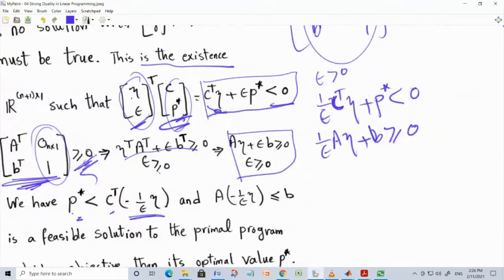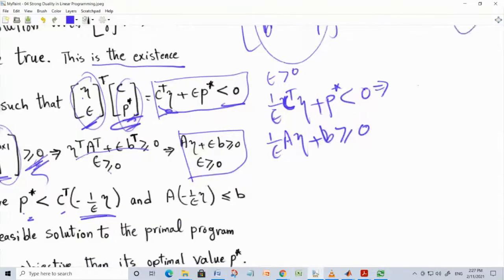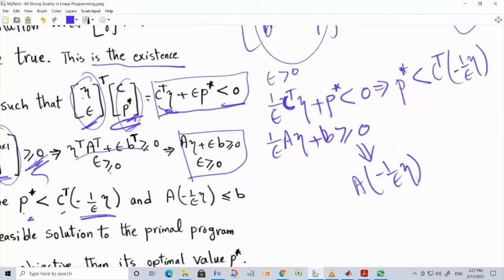So those guys, how can we obtain them from here? Basically, this one tells you that B star, move this to the other side with a negative sign, and now imagine that we have a vector that is -1 over epsilon multiplied by eta, and it's the same story here. Basically what we have is A multiplied by the same vector, and now it's less than or equal to B. What does this mean?